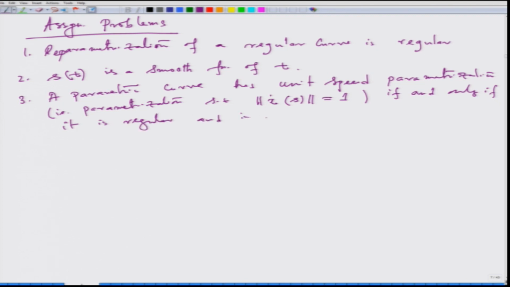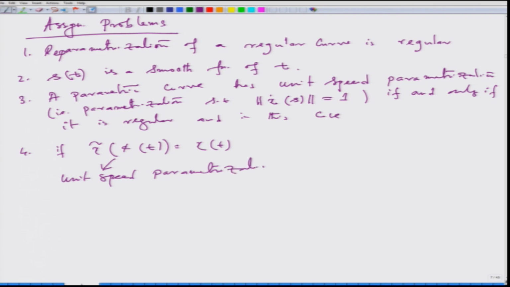And in this case, this is our fourth problem, if gamma tilde(phi(t)) equals gamma(t), and this is a unit speed parameterization, then phi(t) equals plus minus s(t) plus some constant.